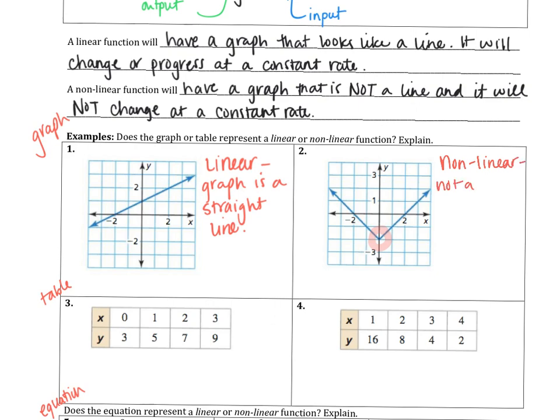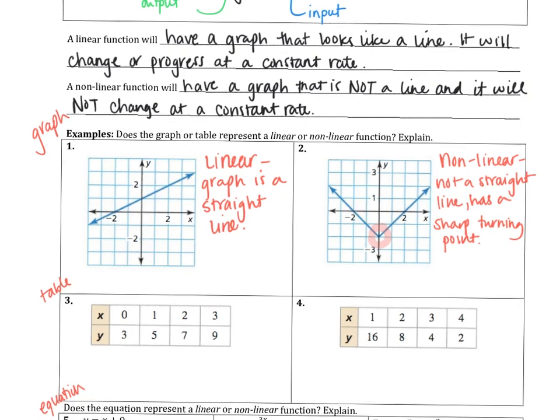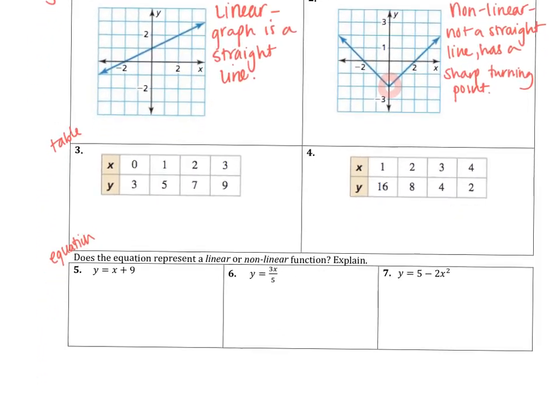Not a straight line. We have a sharp turning point. Okay. So that's how you decide if something is linear or nonlinear with a graph.